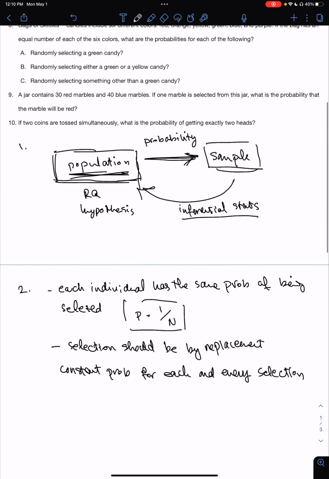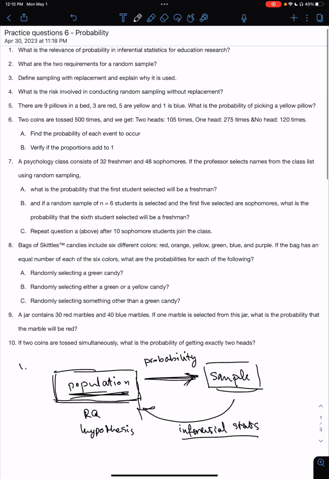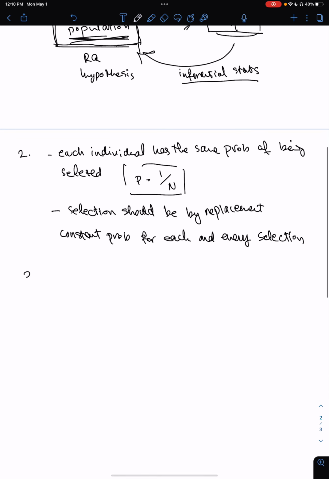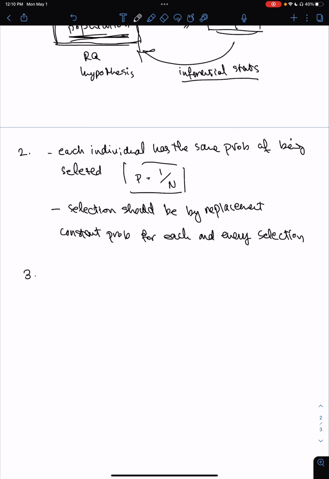Okay, let's look at the next question. Define sampling with replacement and explain why it is used. So I'm going to explain briefly. Selection with replacement, I'll just explain it with a dice.